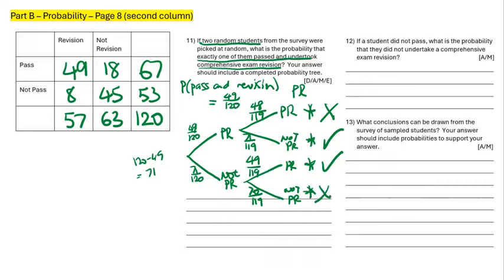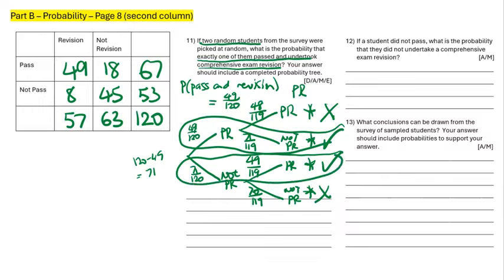So my probability is going to be the sum or the addition of these 2 branches here. And those branches are going to be the multiple. So this first branch here will be those numbers multiplied together. And then the second branch would be those numbers multiplied together. So let's do the first one. The top branch is going to be 49 out of 120 times by 71 over 119.